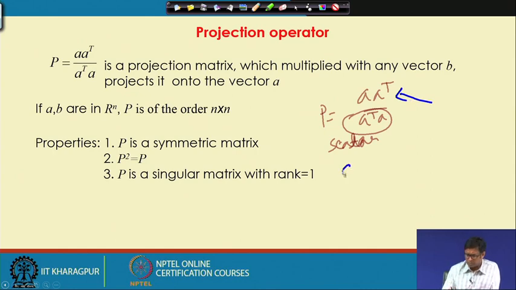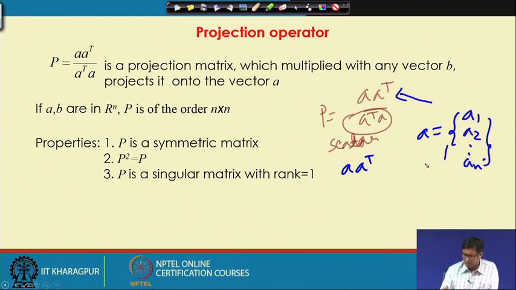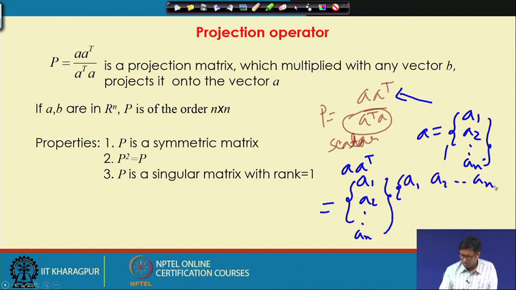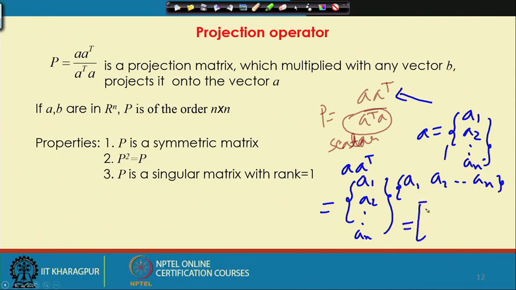What is A transpose? A is A1, A2, An. A transpose is A1, A2, An into A1, A2. What is it? This is the larger matrix which has A1 into A1, A2, An, this is the first row.